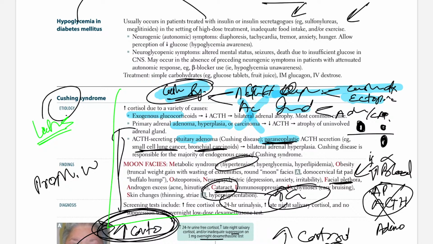So you have increased sodium levels, decrease in potassium levels. And when you decrease the potassium and you're decreasing hydrogen ions, that will cause metabolic alkalosis.